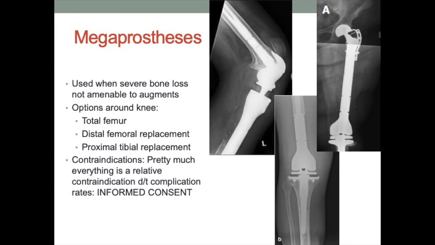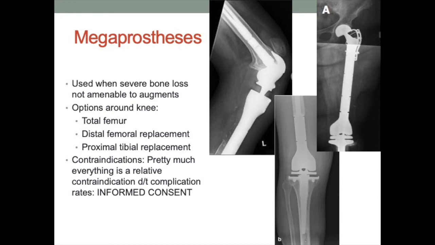This is when there's just excessive bone loss, global instability, multiply revised knee, whatever major problem there may be, and you can do a distal femur replacement, a total femur replacement, a proximal tibia replacement, or combine the two if you need to. However, these come with increased complexity, increased operative complications, increased postoperative complications, and decreased longevity of the component, as well as decreased function of the patient.